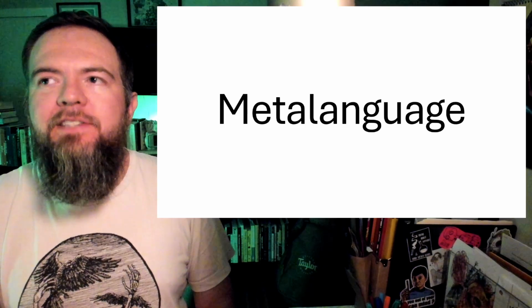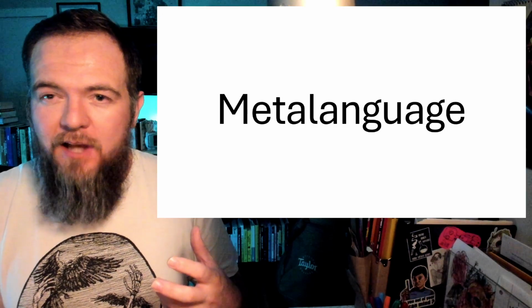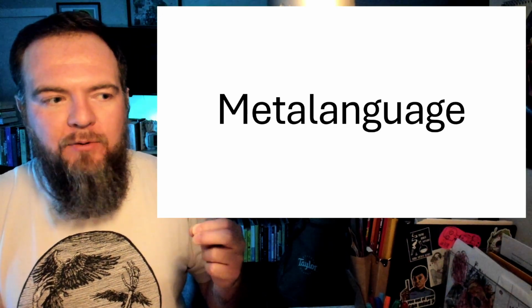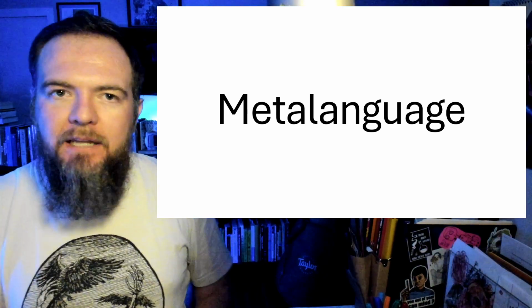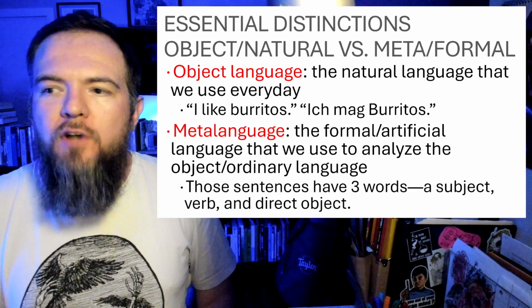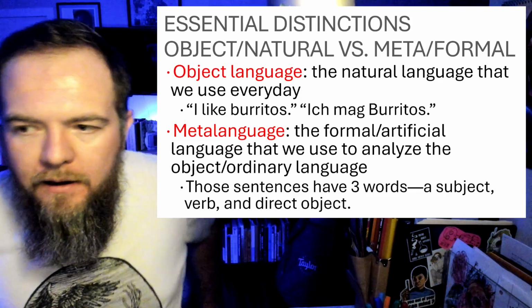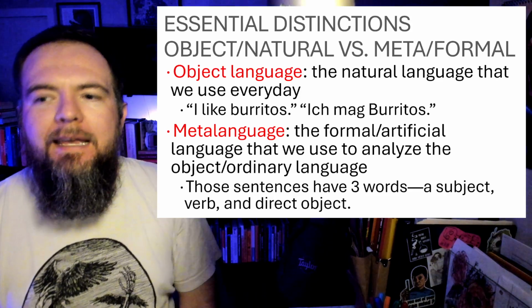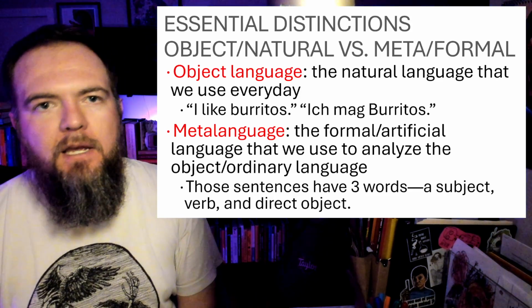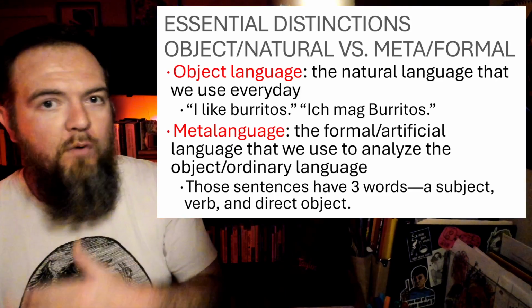But in having these conversations about language, what we very quickly start to discover is that we need languages to analyze our language, and that's where meta languages comes in. So broadly, one of the things that I really need to make sure that you come away with is this distinction between the object or the natural language and the meta language or the formal language.